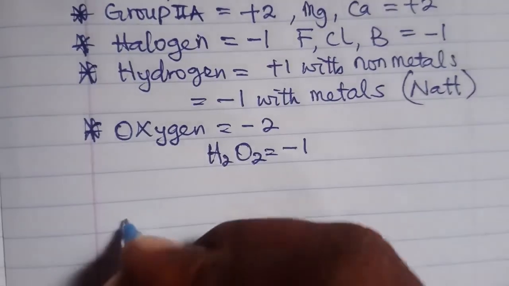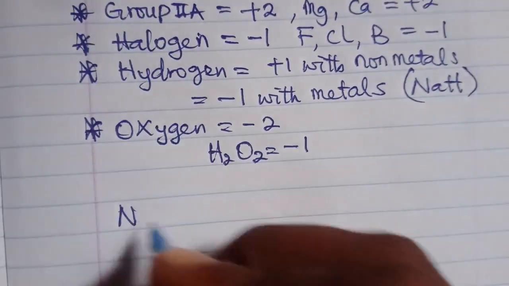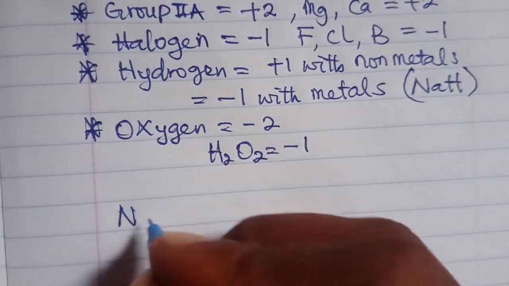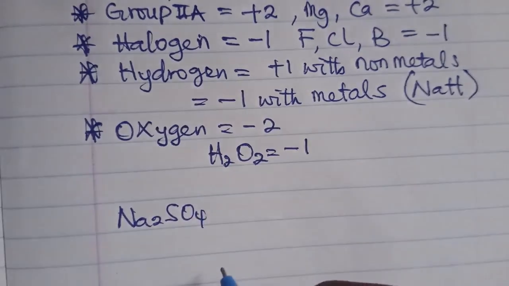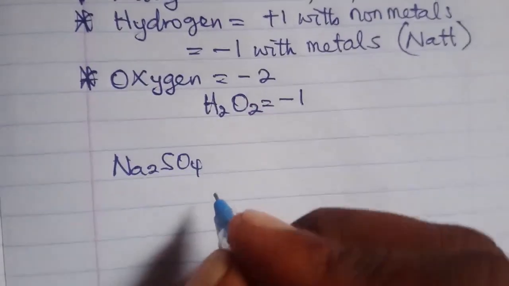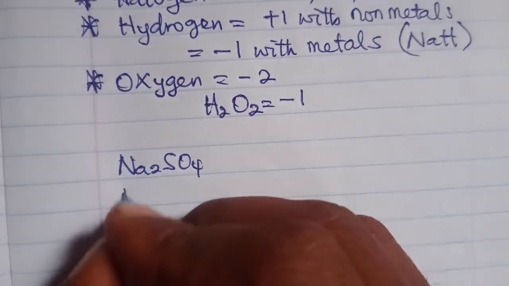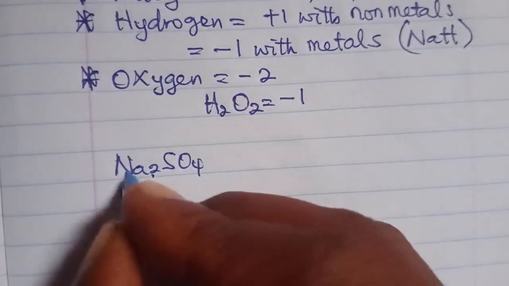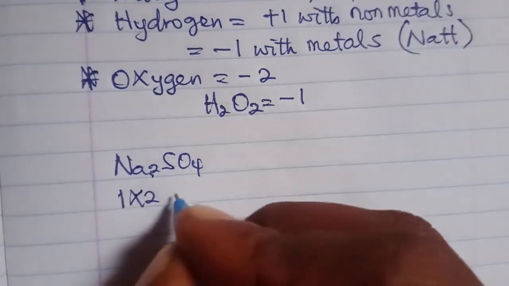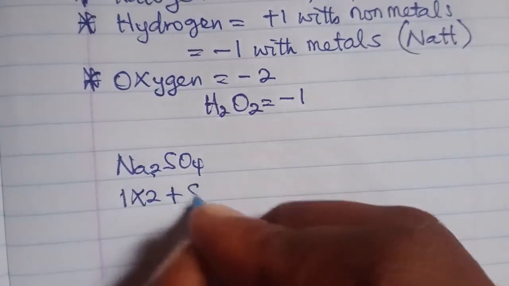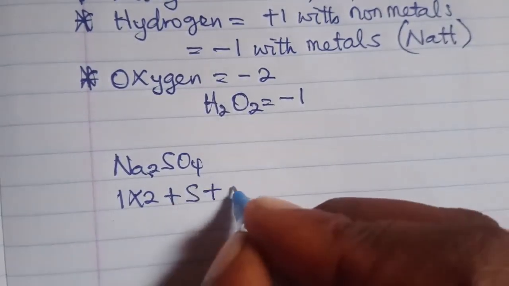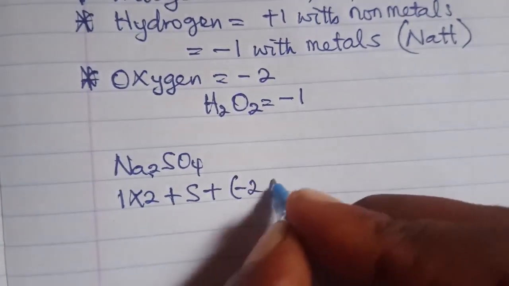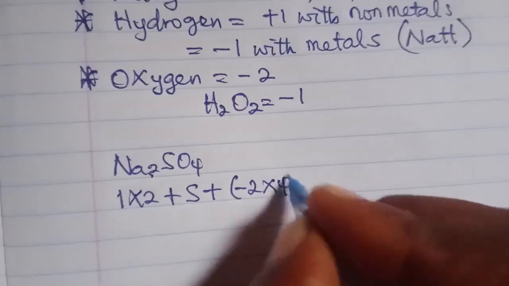So let's begin. The first one, let's calculate the oxidation number of sulfur in this compound. Sodium is group 1, so +1, and there are 2 of them, so we say times 2, plus the oxidation number of sulfur that we want to calculate, plus the oxidation number of oxygen. Oxygen is always -2, multiplied by the 4 that we have here.